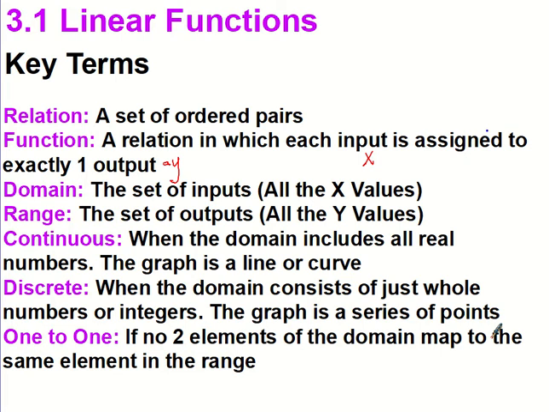The domain is our set of inputs, all of our x values, and the range is our set of outputs, all of our y values. Now for our domain and range, we have continuous. That's when the domain includes all real numbers, and the graph is going to be a line or a curve.